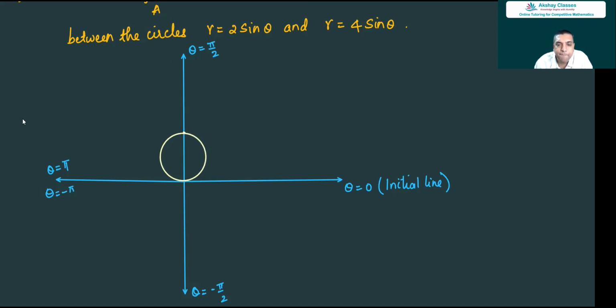Now, for the second circle, if you vary theta from 0 to pi, you will get this. Double the distance.